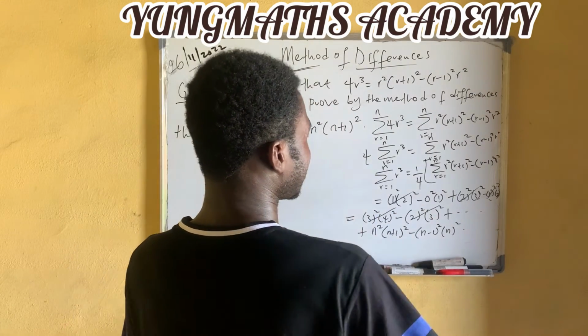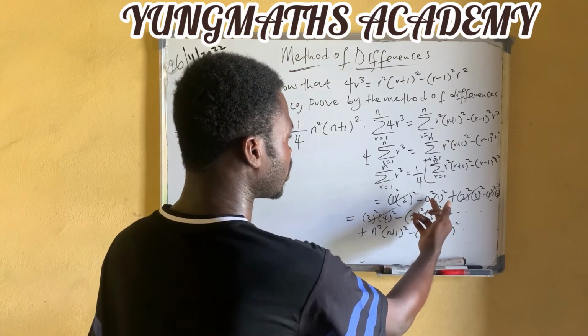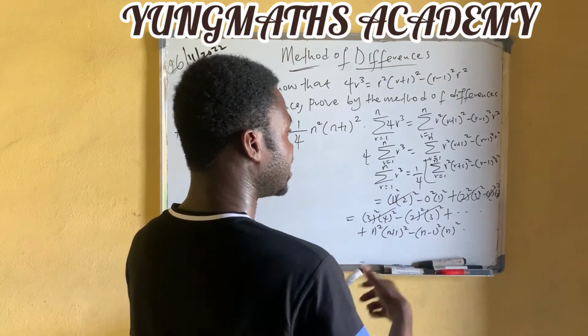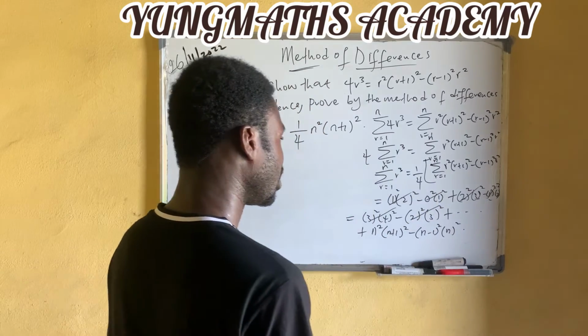And here we can see also that this will be out because 0 squared is 0, and 0 multiplied by that will be 0. So this will also be out.